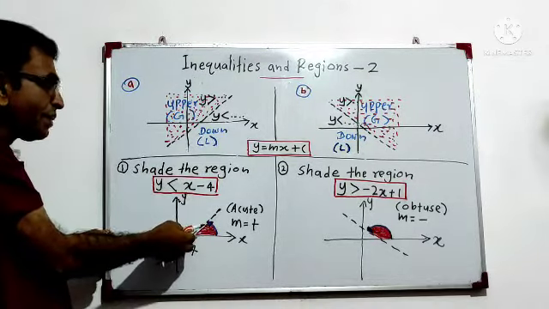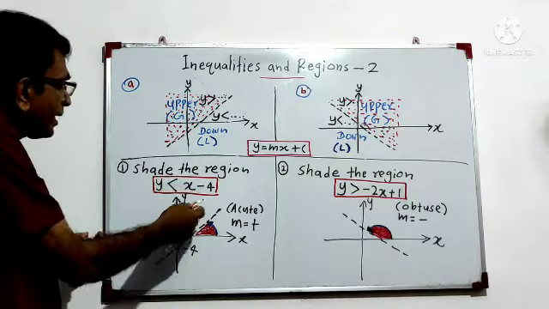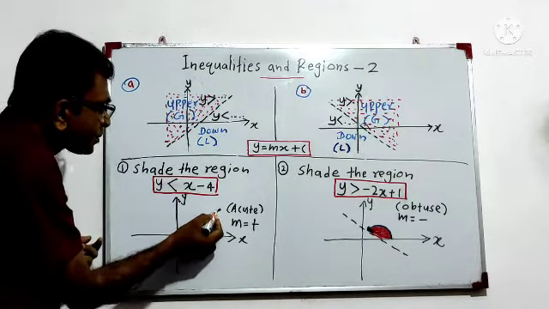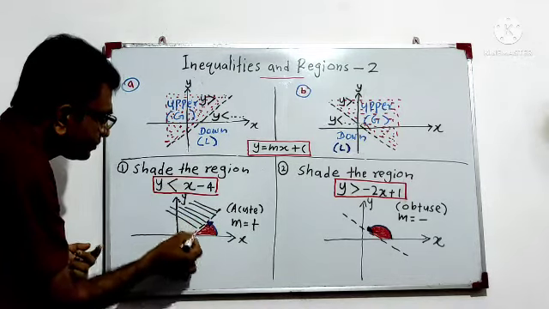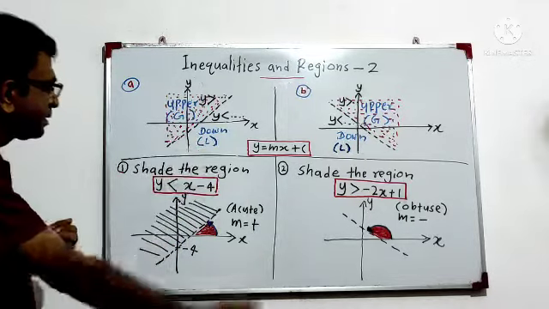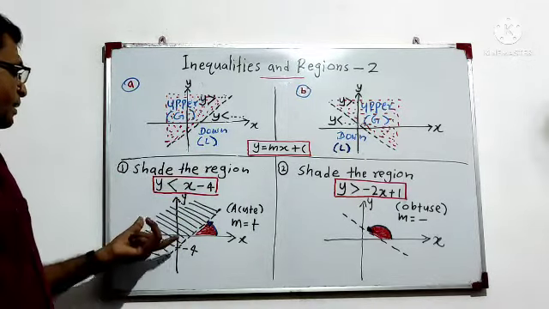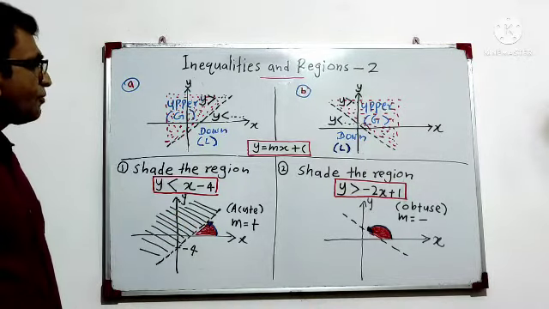But in the London syllabus, we should shade the unwanted region. Then what is the opposite side? Therefore we should shade this region. Right? This region. That is the answer for this.